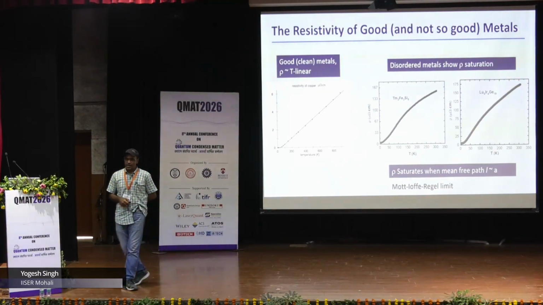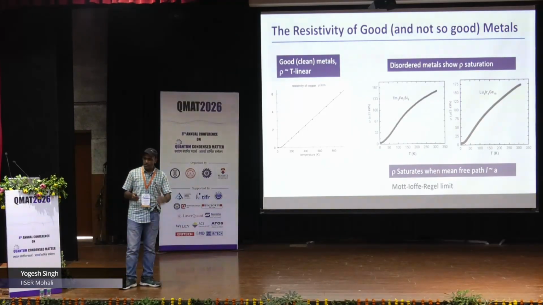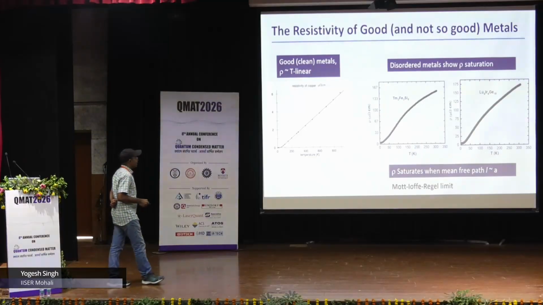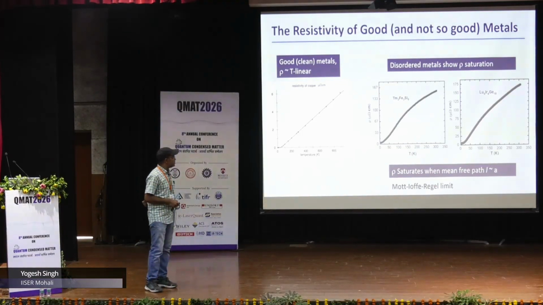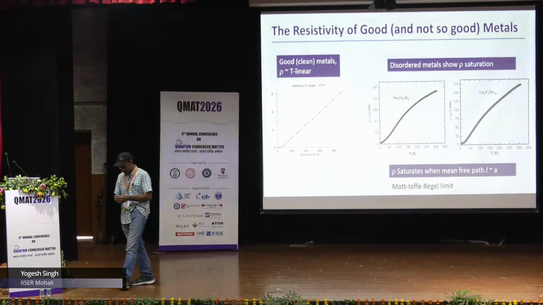As the temperature is increased, the scattering rate increases, and when the mean free path becomes comparable to the lattice constant, then the resistance must saturate. And this maximum resistivity that a material can attain is called the Mott-Ioffe-Regel limit. Most disordered materials will show this kind of saturation at high temperatures.